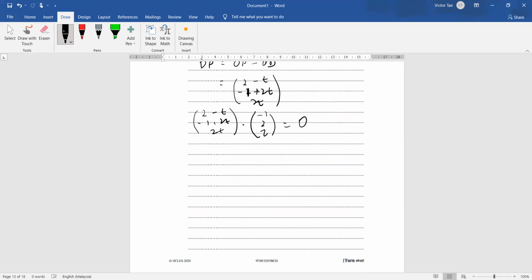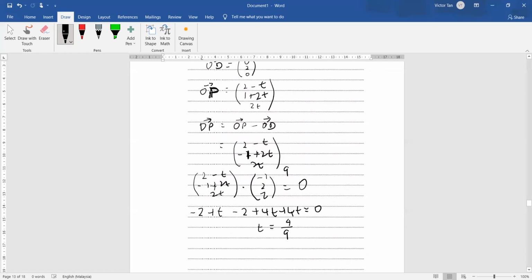So running this through, you will find the value of t: minus 2 plus t plus 4t minus 2 plus 4t equals 0. So t equals 4 over 9. There you have it.